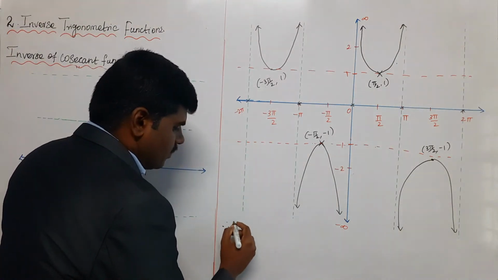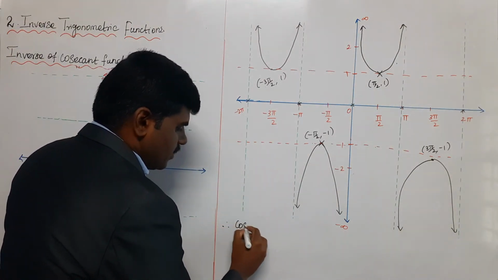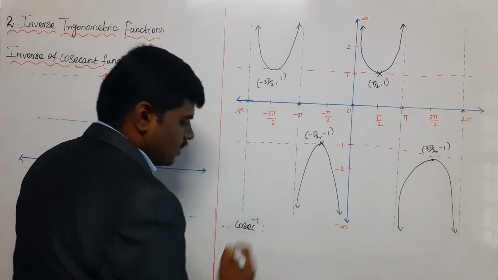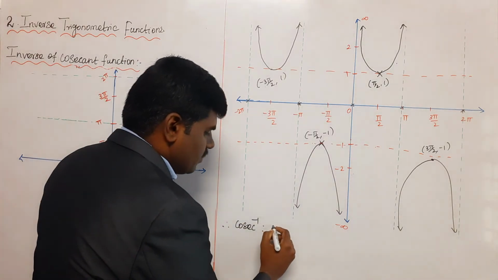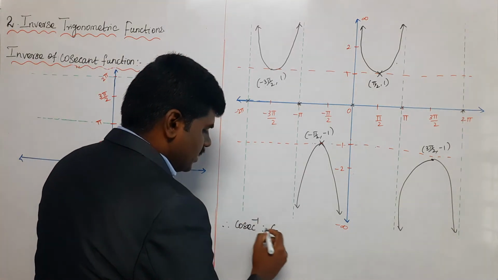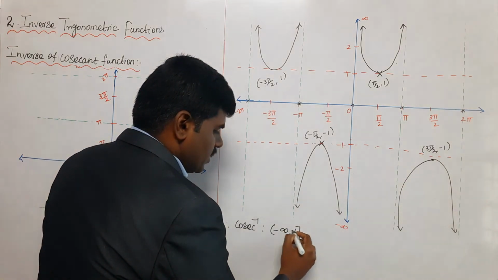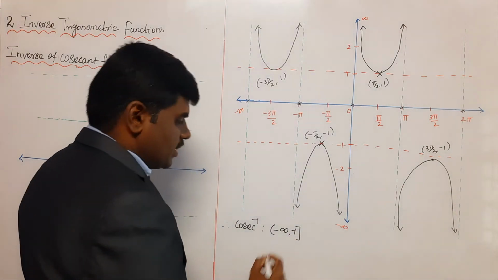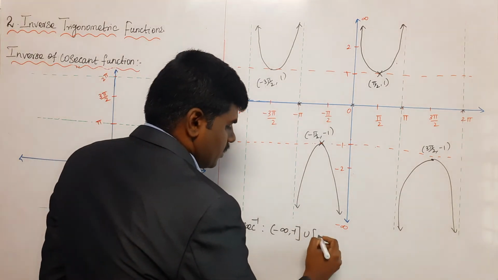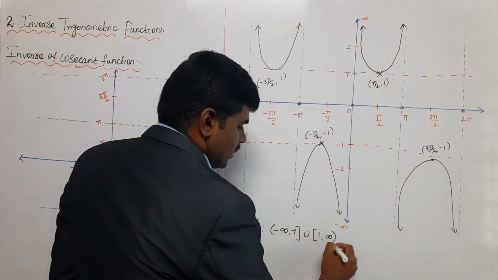Here, cosecant inverse has domain minus infinity to minus 1, union 1 to infinity.